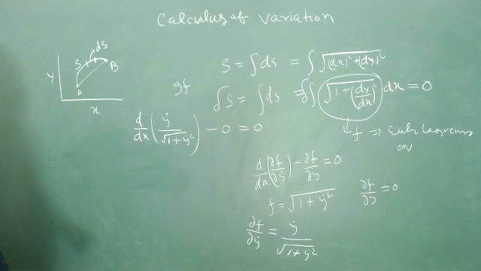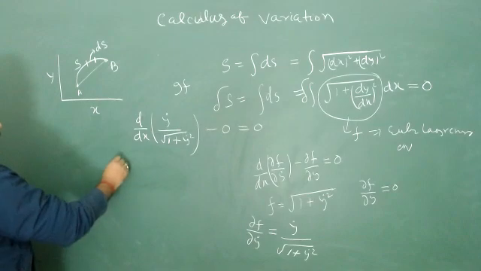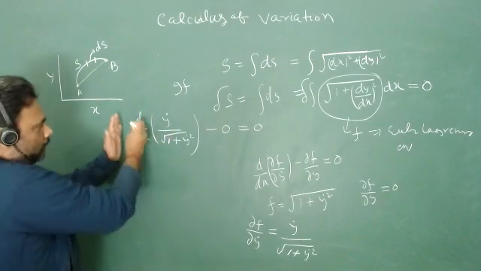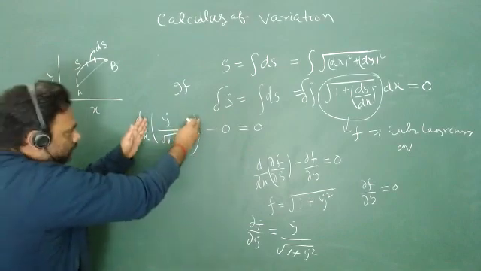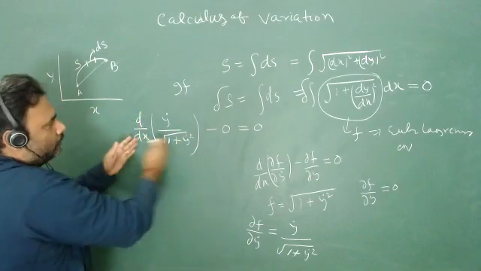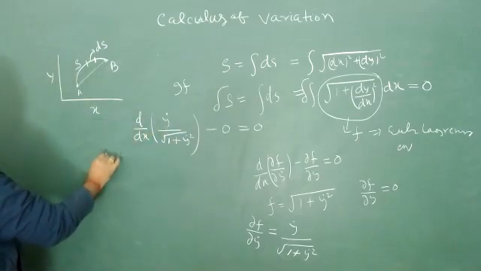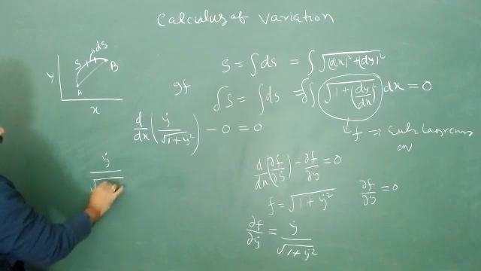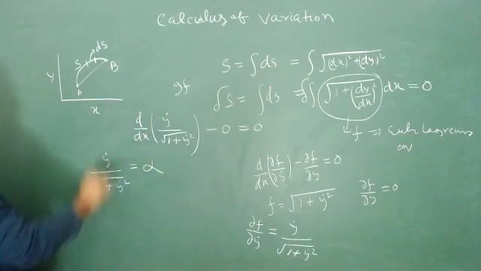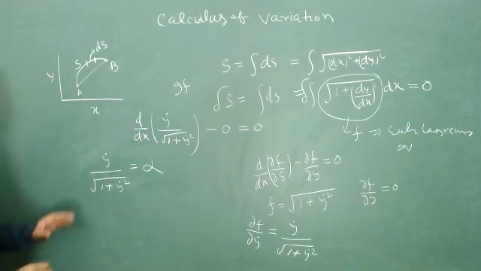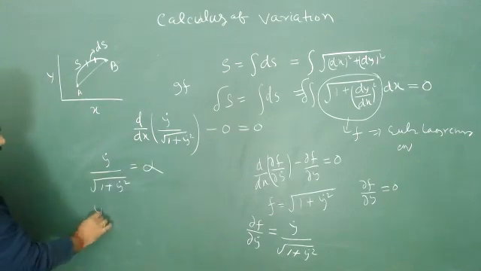So this value is some constant, isn't it? This value is constant because d upon dx of it is equal to 0, that means I can claim y dot upon root under 1 plus y dot square is equal to some constant alpha.